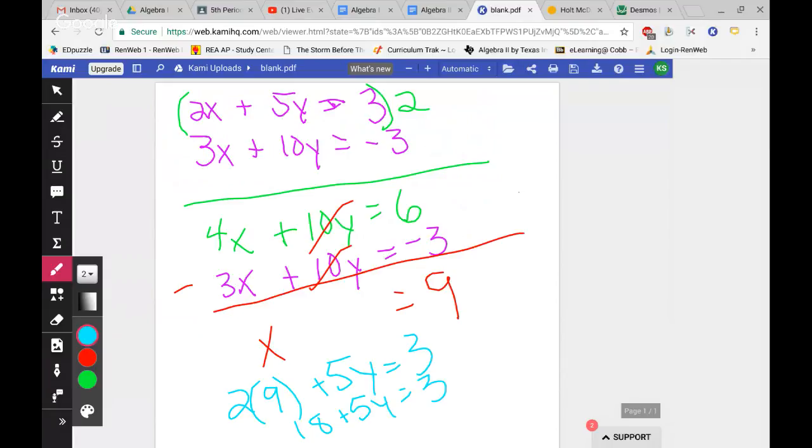Subtract 18 from both sides, and I get 5y equals negative 15. And then divide both sides by 5, so y equals negative 3. So my ordered pair is 9, negative 3. So that's my final solution for this system of equations.